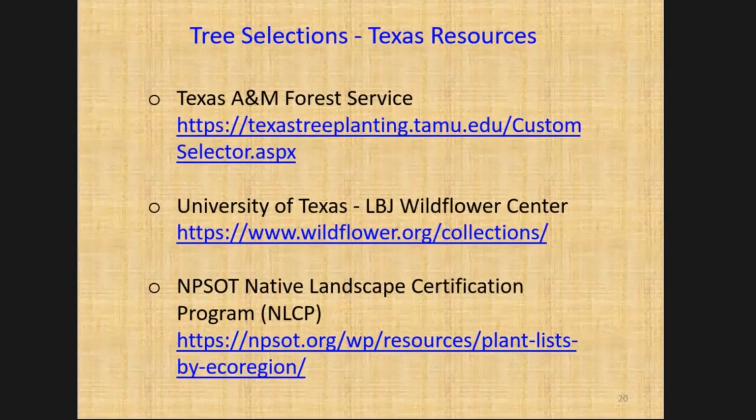Of course, not to be outdone by Texas A&M Aggies, the University of Texas Longhorns also has a site that is really the umbrella of the Lady Bird Johnson Wildflower Center, right? And they have probably the nation's best database on trees. But understand that in their database, they're only going to have native trees, okay?